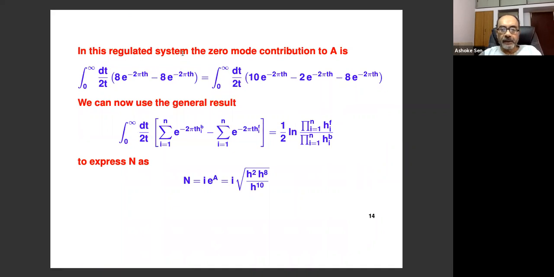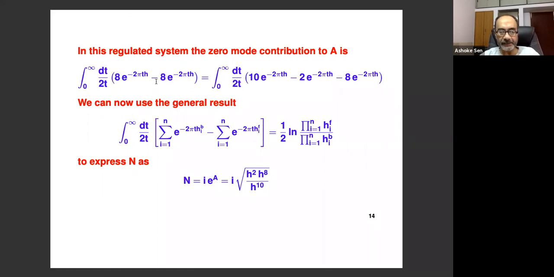Okay. So what I'm going to do in the next few slides is to just rewrite this again and again in some way. We are just writing 1 or 0 in different ways. So in the regulated system, we can count the coefficient of e to the minus 2 pi t h from the NS sector and separately from the Ramond sector. And we get 8 from the Neveu-Schwarz sector, 8 from the Ramond sector.